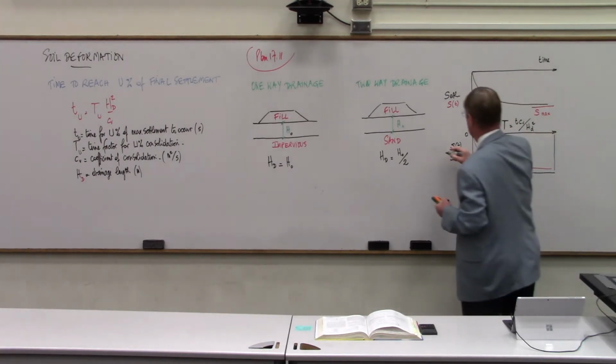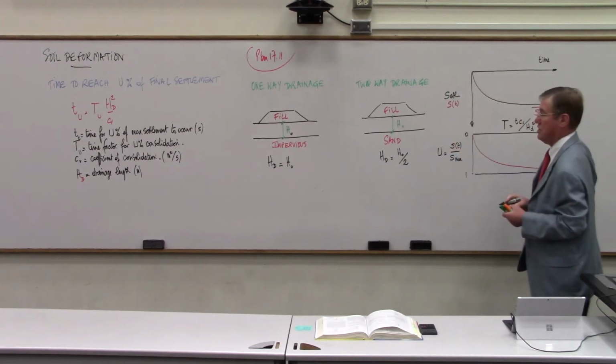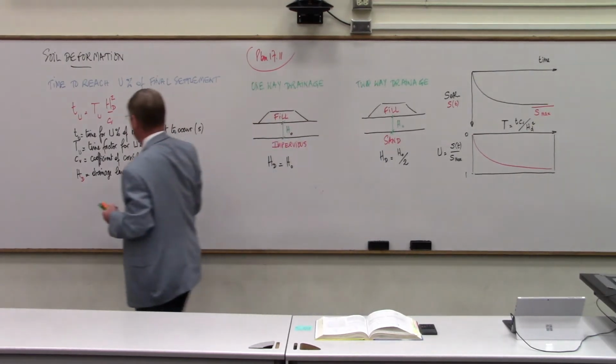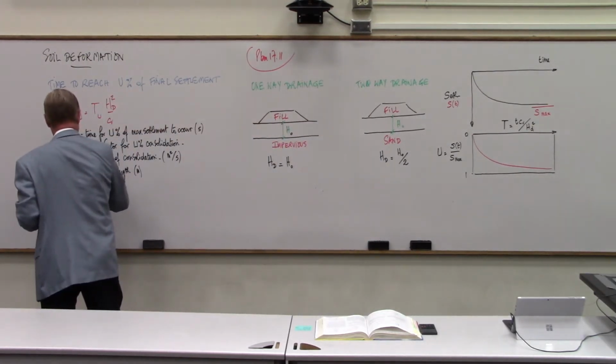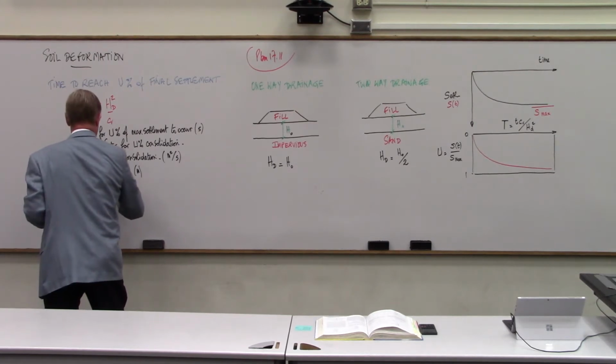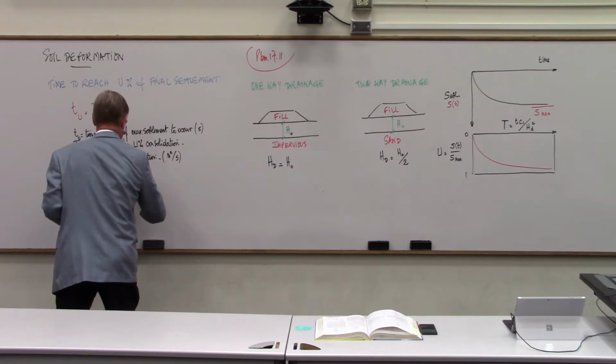And this is the average percent consolidation. So I should add in here that U is the average percent consolidation.